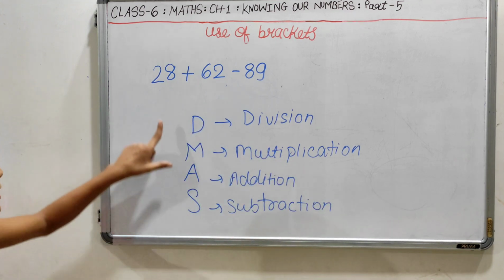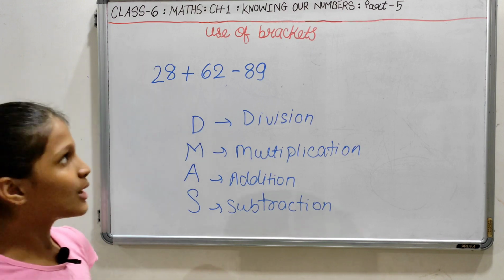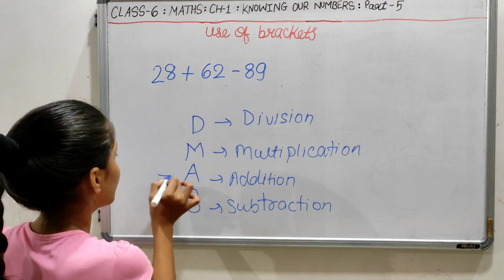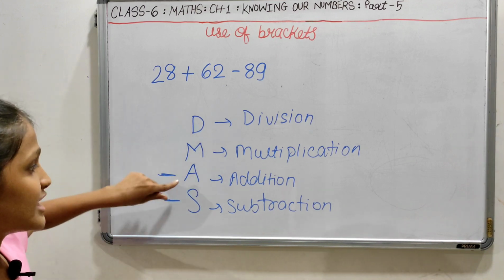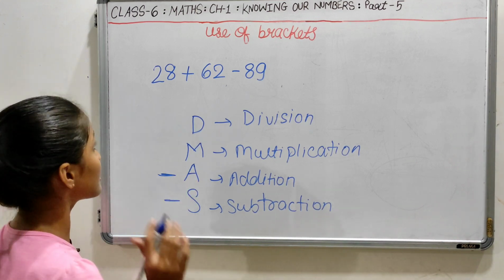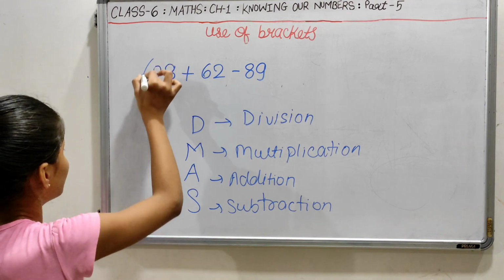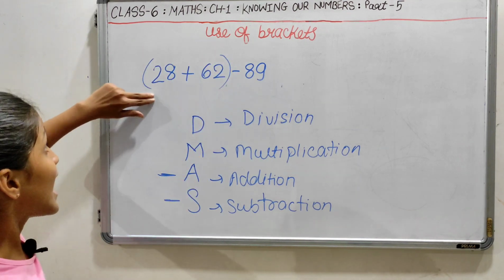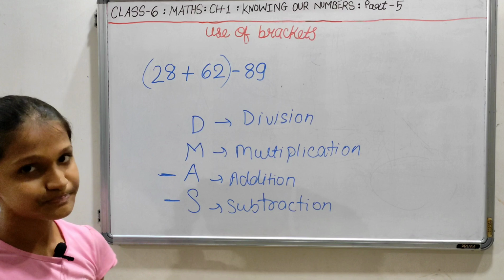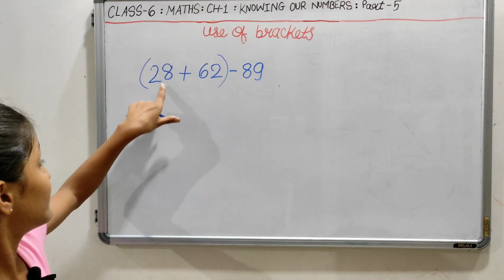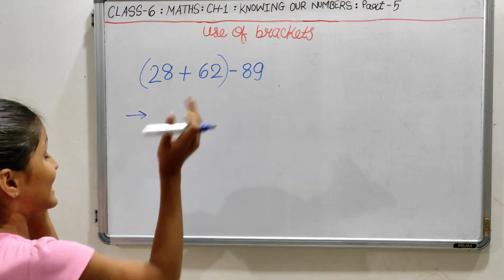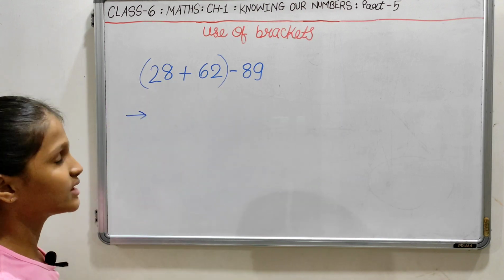So if there is a problem in which we have both addition and subtraction, which comes first? Addition or subtraction? Addition comes first. That's why we put the bracket around the addition here. Let's solve this. We will add 28 plus 62 because it is given in the bracket.